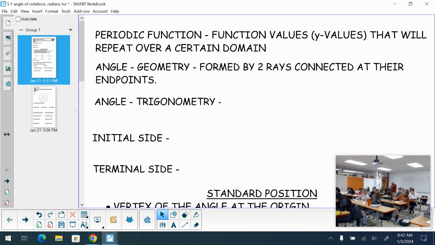We have periodic functions. When we talk about periodic functions, these are function values or y values that will repeat over a certain domain. These are things that continue to repeat themselves. We can look at Mickey's big hand, Mickey's little hand on the clock. The second hand continues to follow a pattern.